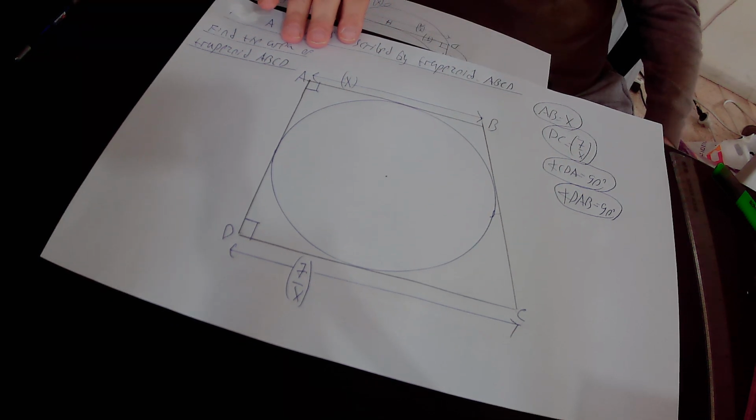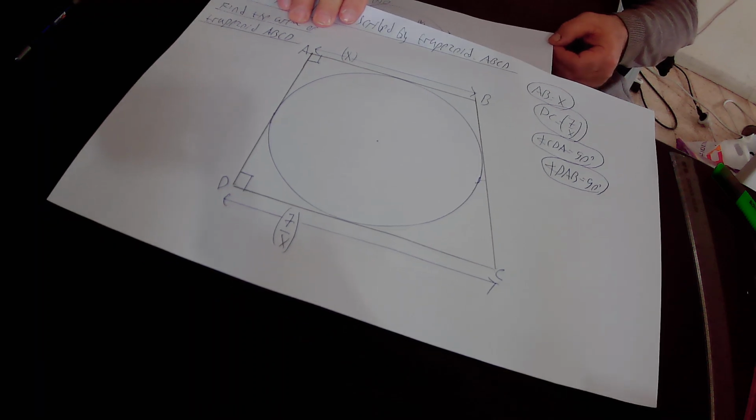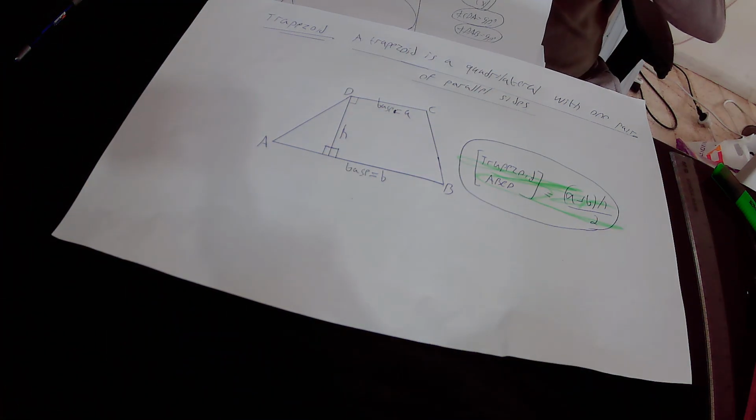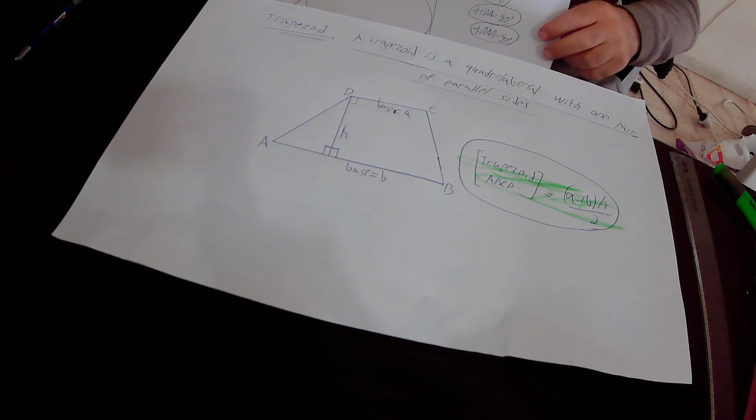Okay, so first of all, what is a trapezoid? A trapezoid is a quadrilateral with one pair of parallel sides.